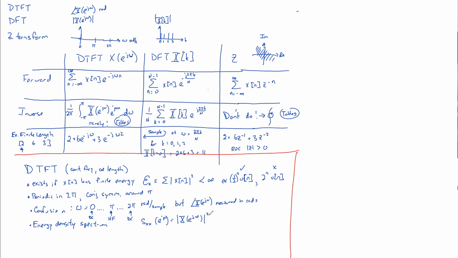So it's a measure of the amount of energy that's in a frequency band. If you integrate this between 2 frequencies, then that's the amount of energy in your signal between those 2 frequencies. And it should make sense that if you integrate S x x over all unique omega, it should equal the total amount of energy in your signal that you found in the time domain.